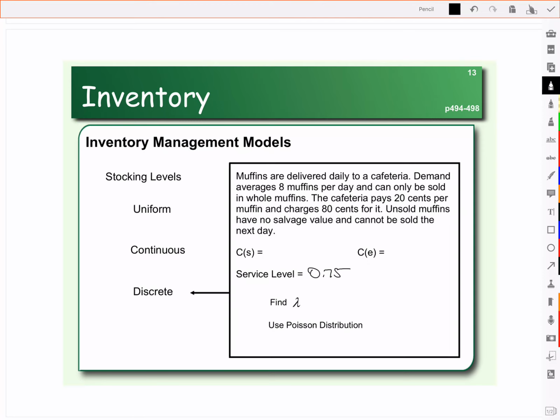But now, because we can't have partial units, we're going to use the Poisson distribution. And so the Poisson distribution uses an average, and they call that average lambda. Okay, so in our example, we had an average of 8 muffins a day. We need to figure out the optimal stocking level.